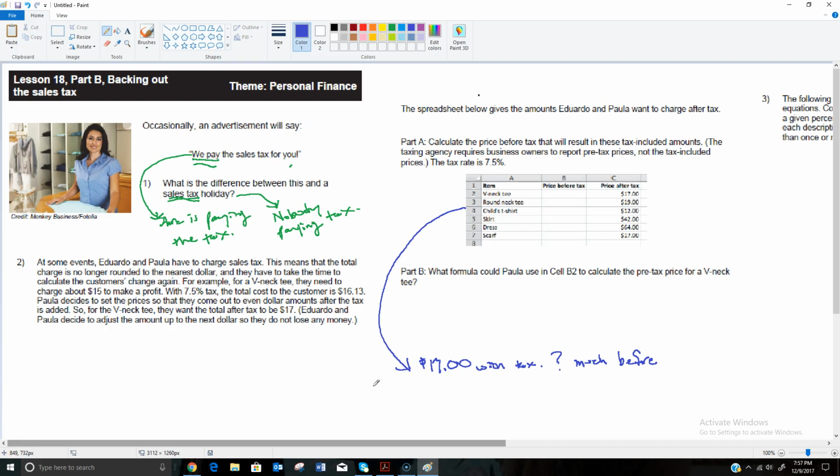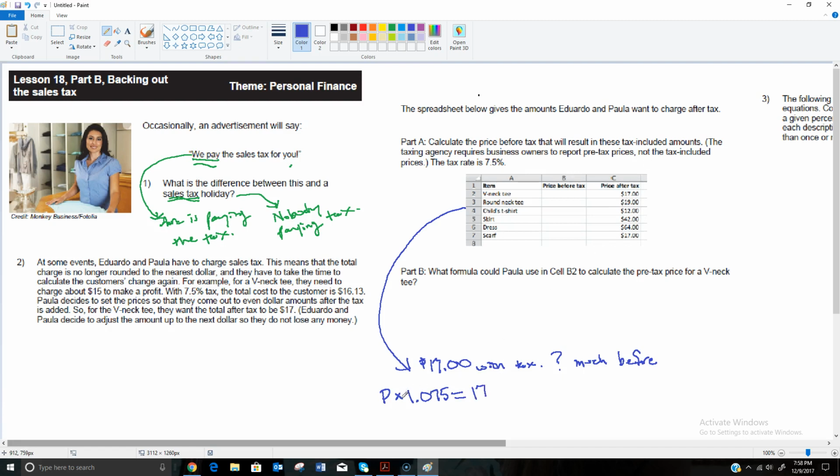So what we have to do is we have to basically solve this formula. So we have to say, okay, the price before tax times 1.075, using Eduardo's method to add on 7.5%, got us the $17. Got us the after-tax price.